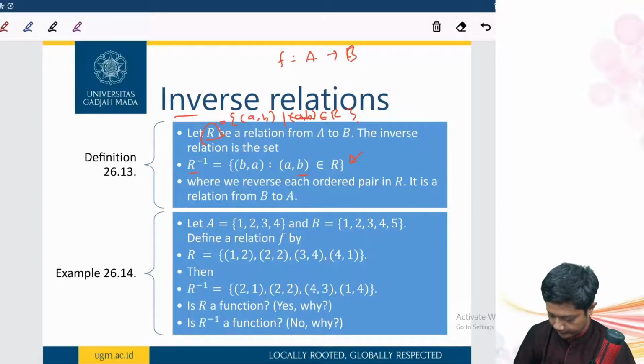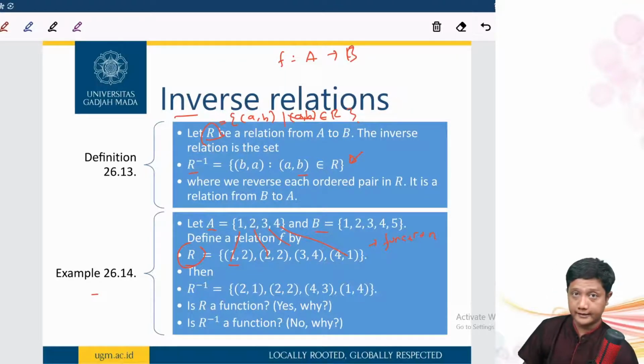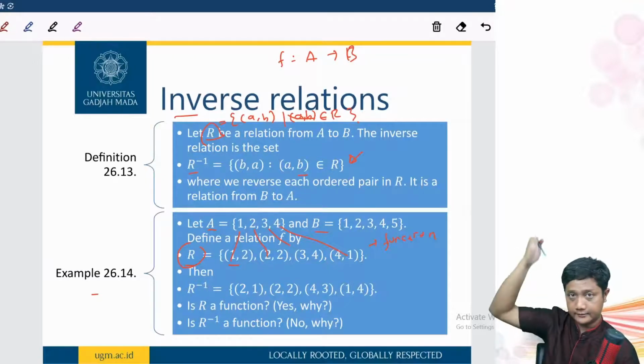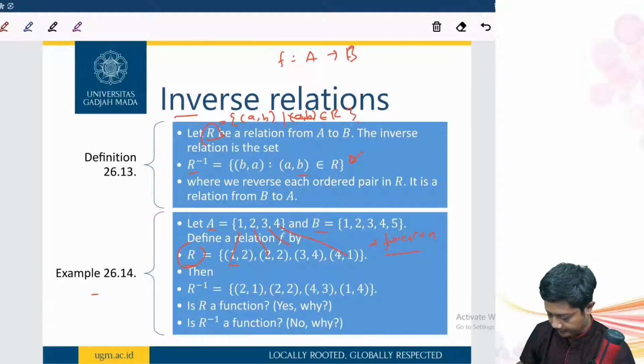For example, when we have this A and this B, it's clear that our relation R is a function. Why? Because we have no hole here: 1 to 1, 2 to 2, 3 to 3, and 4 to 4. And we also pass the vertical line test, right? Very clear.